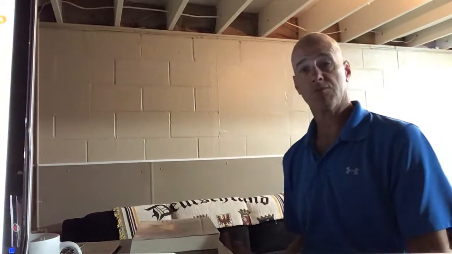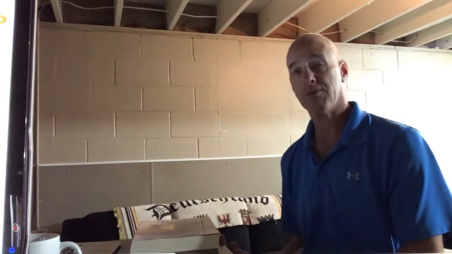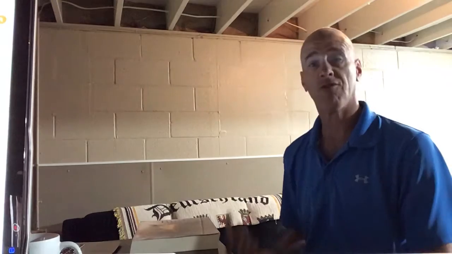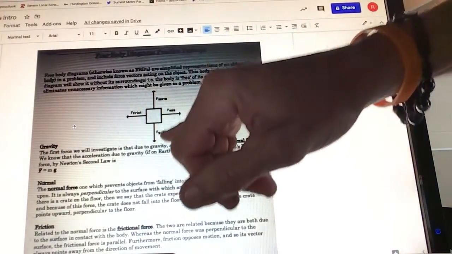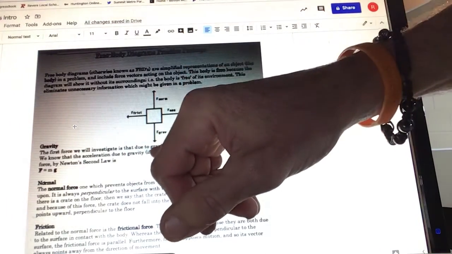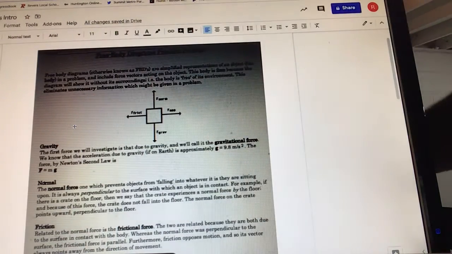So gravity's pulling down on the book, and the table is putting a normal force up on the book. If this represents a book on a table, you've got gravitation pulling down and normal force pushing up. Forget about those two arrows, but the up and down arrows would represent a book on a table.